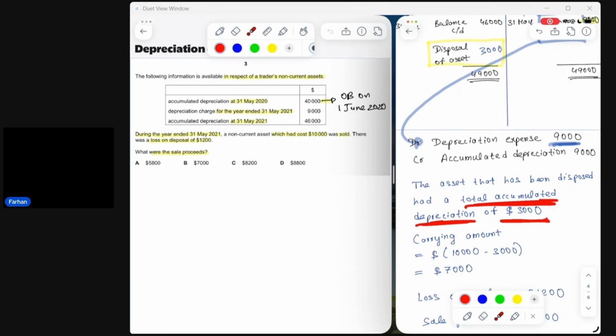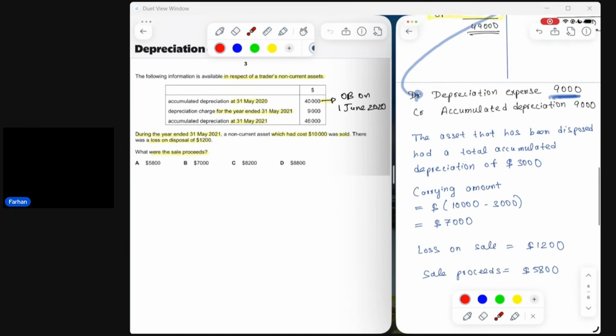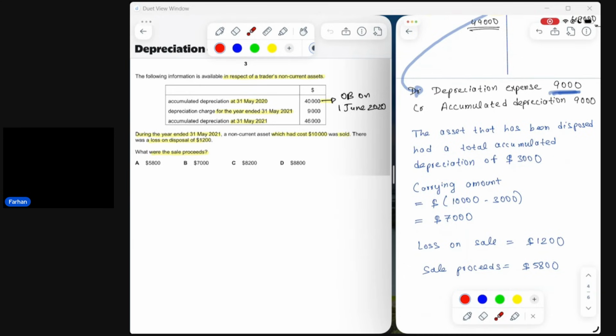On that basis, we can find the carrying amount during disposal, which is the cost of $10,000 minus this accumulated depreciation of $3,000, giving us $7,000. And we know that the business made a loss on this sale of $1,200.